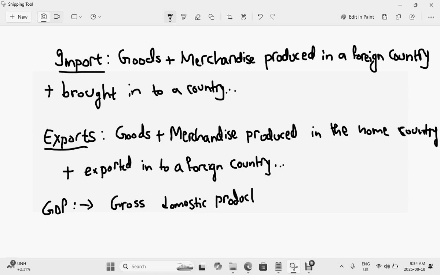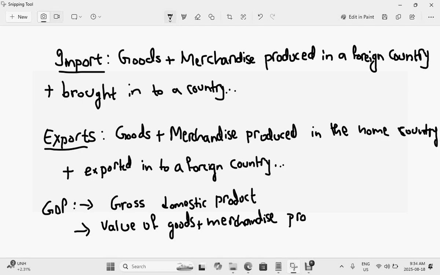By definition, this has to do with the value of all goods and merchandise produced within an economy.